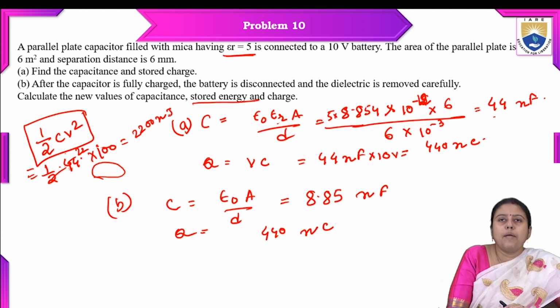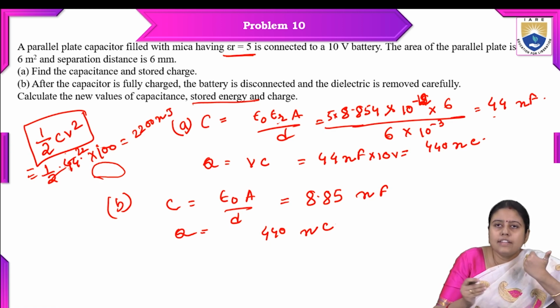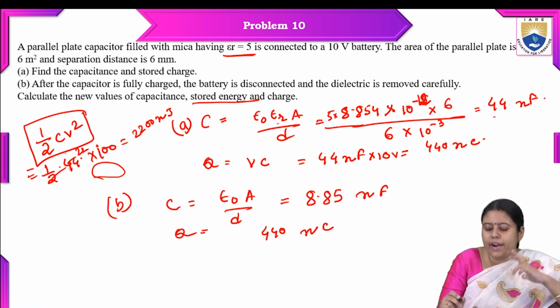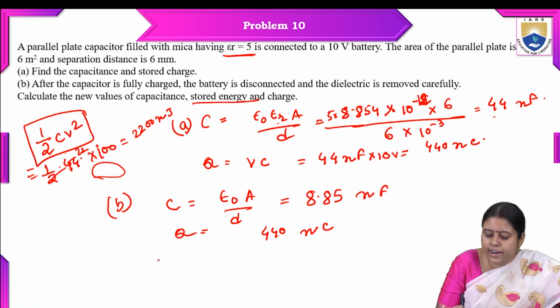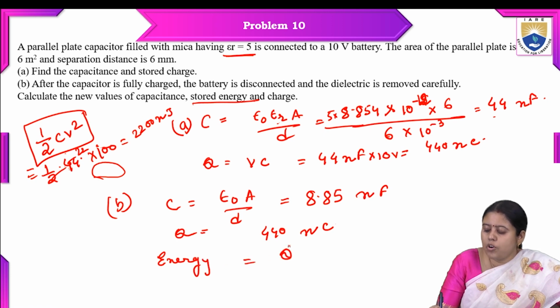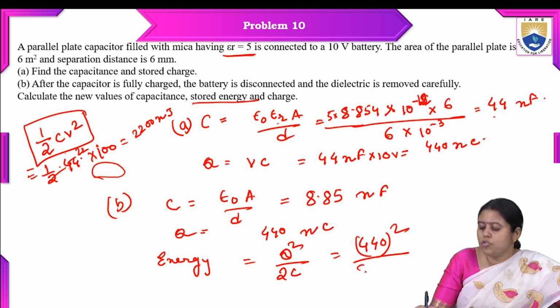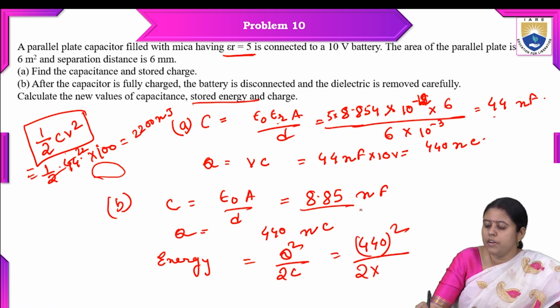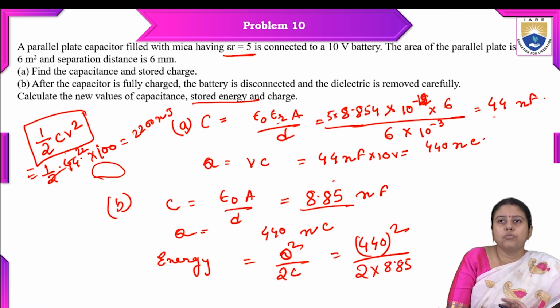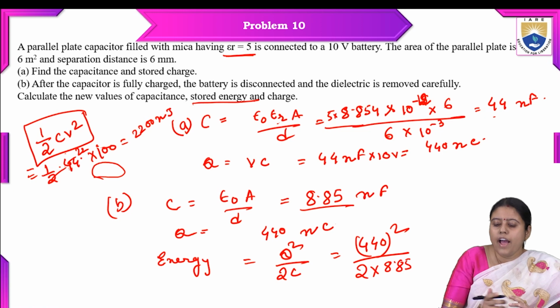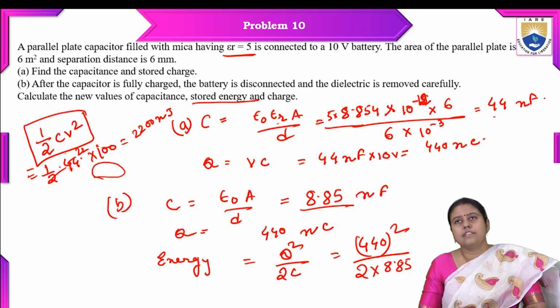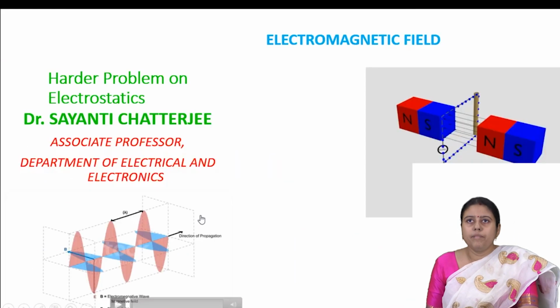But in the second case, there is no battery, so we have to use the energy formula: energy is equal to Q squared by 2C. So 440 squared by 2 times 8.85. If we solve this, we will get the new energy. This is the second case, and this is problem number 10.